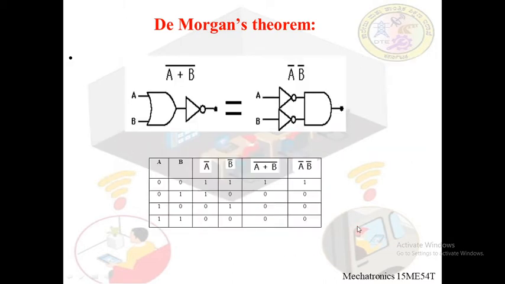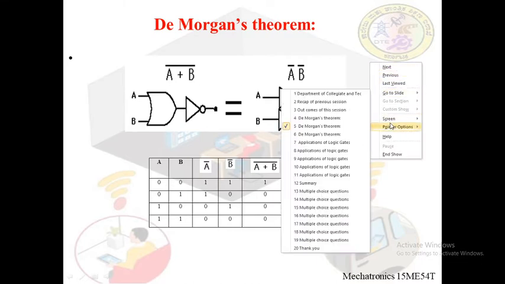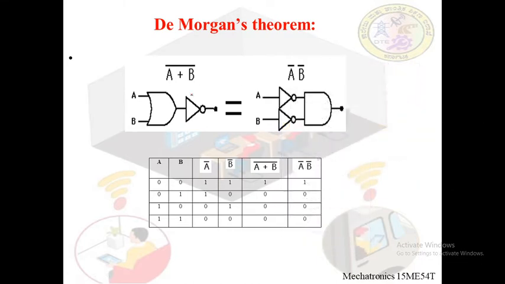The logic circuit for De Morgan's first theorem is given here. We have seen A plus B whole bar. If we remove the bar, this A plus B is nothing but the OR operation. This OR operation has a bar as an inverse, which means it is a combination of OR and NOT gate, therefore it is the NOR operation.